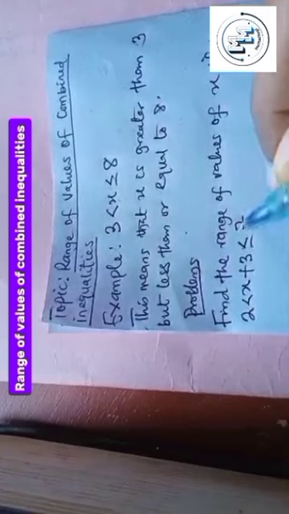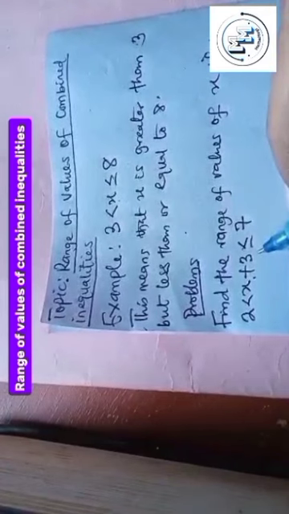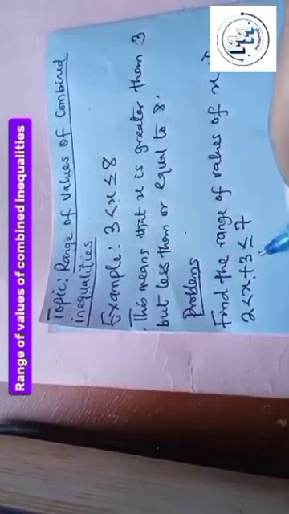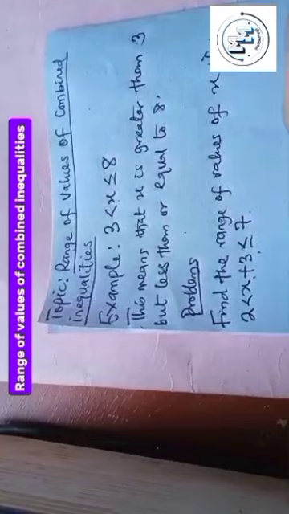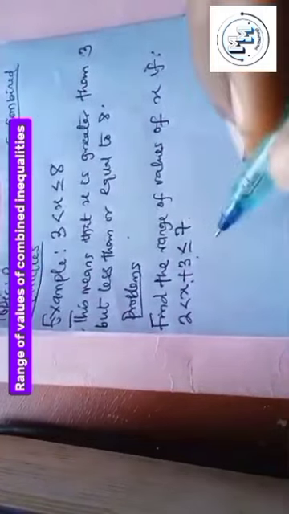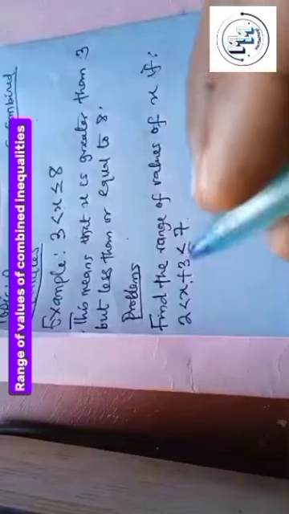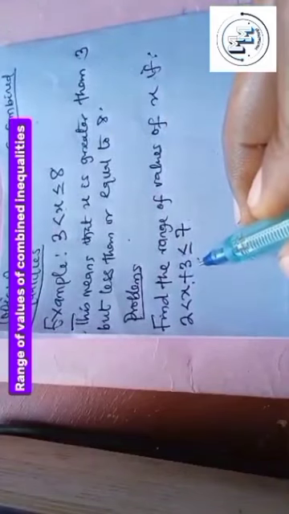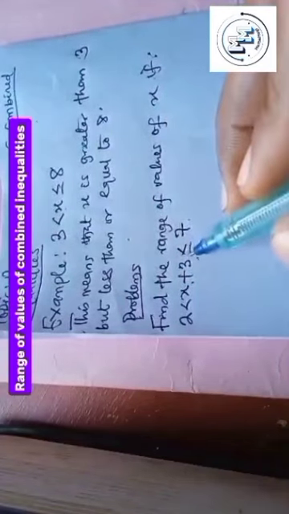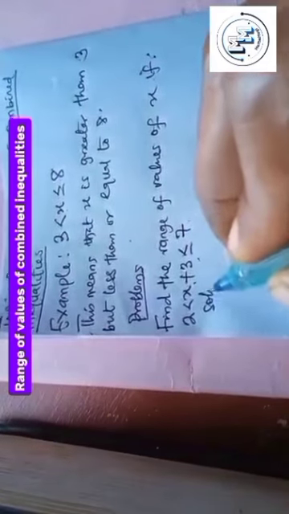All right, I have 2 less than x plus 3, then x plus 3 less than or equal to 7. Now let's find out the range of values of this particular inequality. At this point we simply subtract 3 from all sides. See what I'm going to do. I put solution.